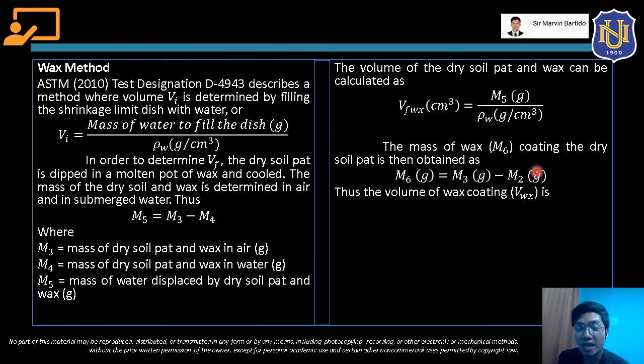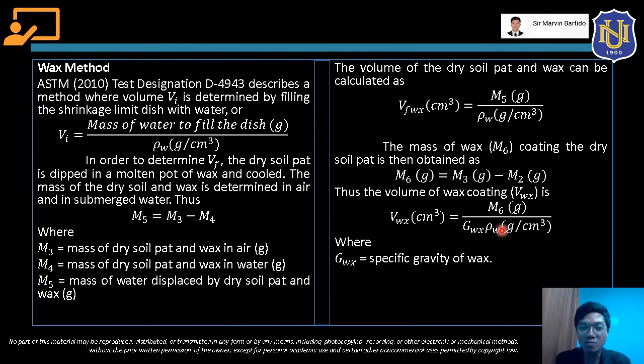Okay, and then, kailangan din nating alamin yung volume ng wax, class. So, pwede natin yan ma-determine by this formula. So, wax ito, ha. So, volume ng wax. So, ito, class, ay mass ng wax. So, dito, kailangan natin yung density ng wax. Now, wherein yung density ng wax, class, yan ay equal sa specific gravity ng wax times density ng water. No? Ayan.